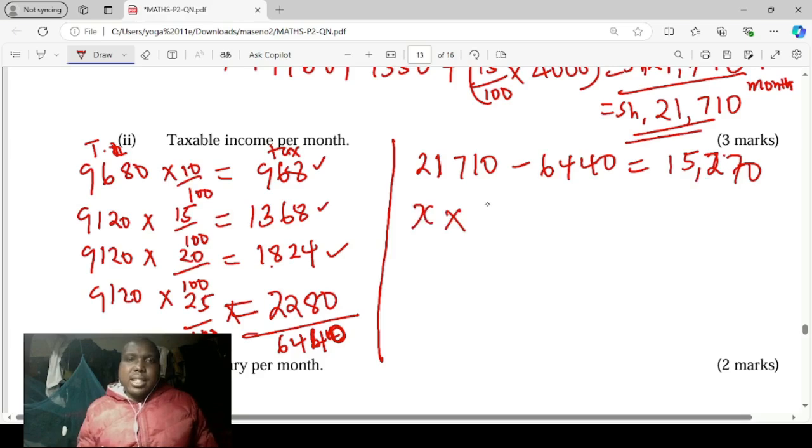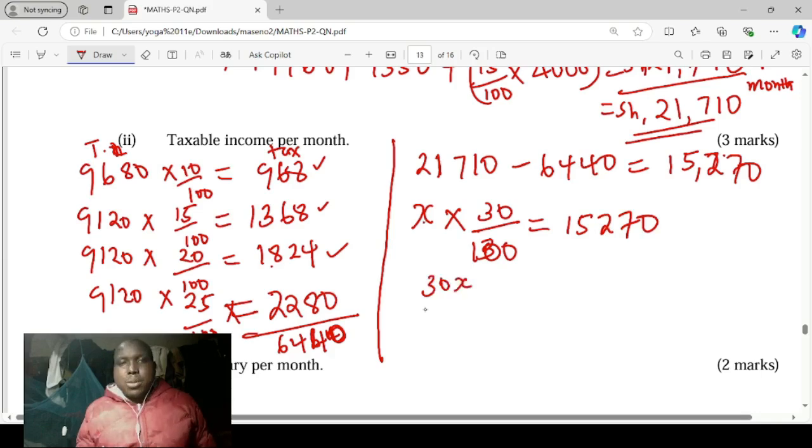times next slab ilikuwa 30, kwa sababu hiyo ndio 30 over 100 will give us 15,270. So this is the same as 30 times x, itakuwa 30x over 100 is equal to 15,270.